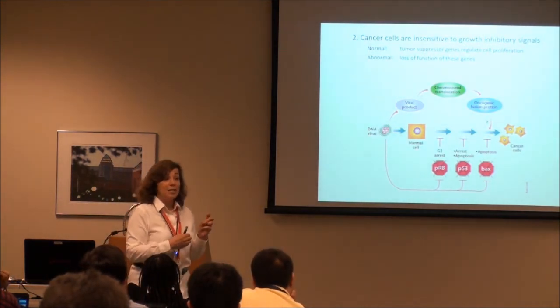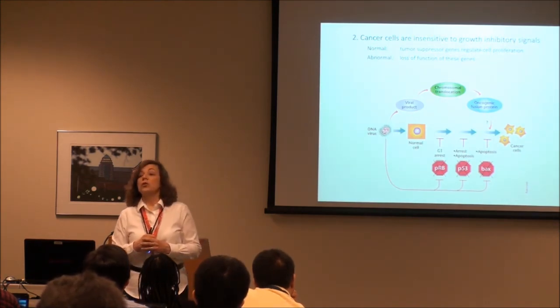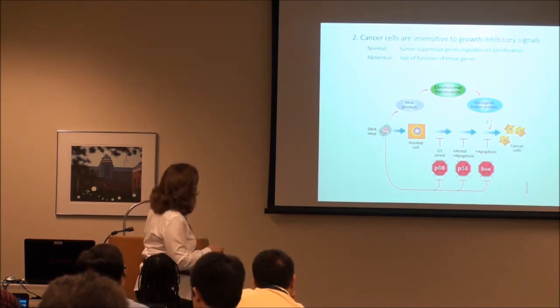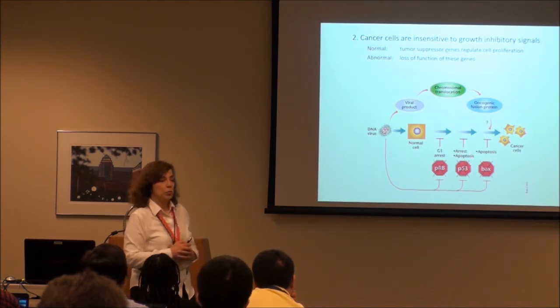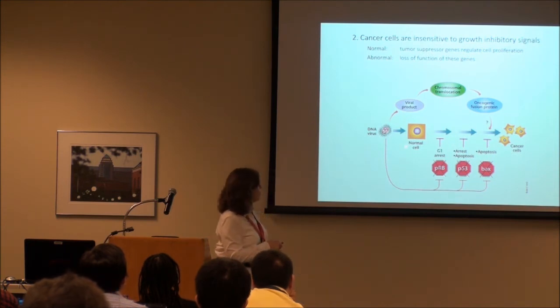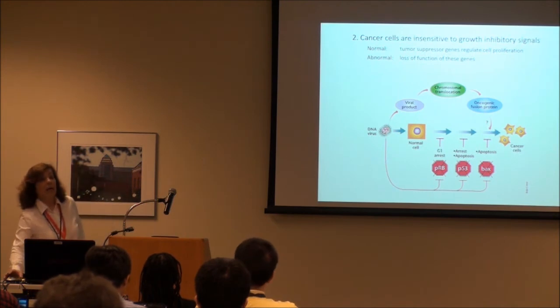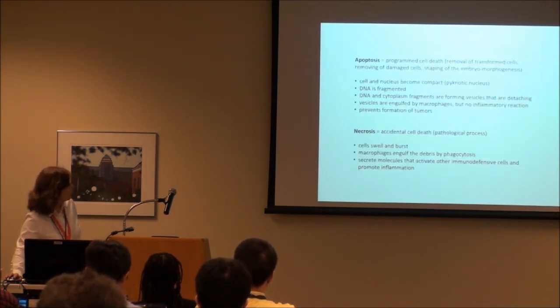But if these pathways suffer any kind of change or mutation and are not functional, there is no inhibition of growth. Especially P53 is very important for starting apoptosis. That's called a tumor suppressor gene. And if nothing is suppressing the division of the transformed cell, then of course they can turn into malignant very quickly.